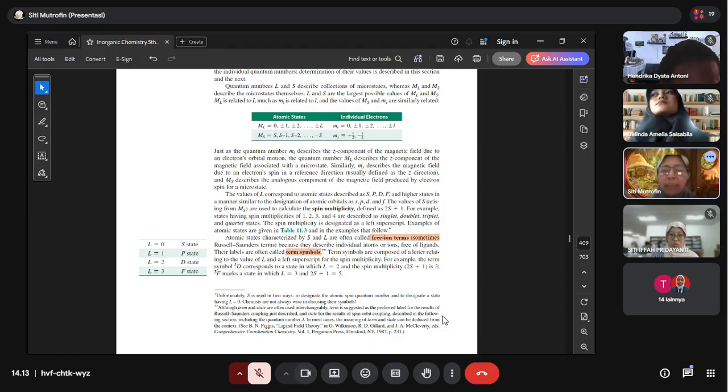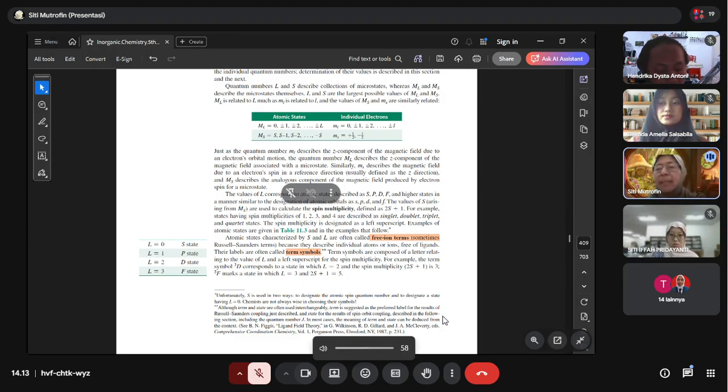Now, what are the purposes of knowing the free ion terms or term symbols?